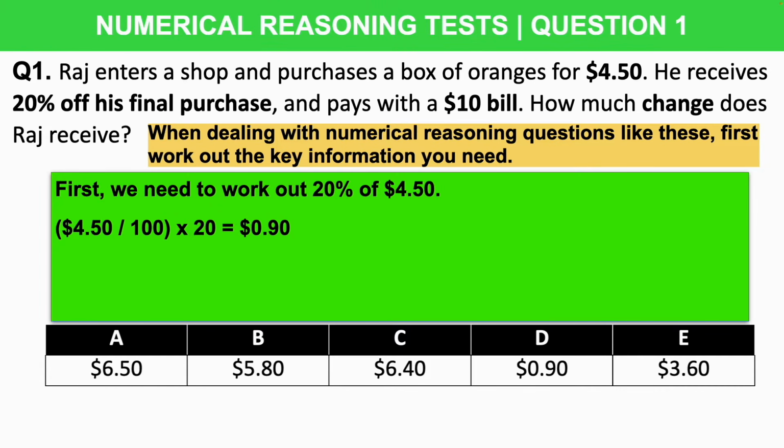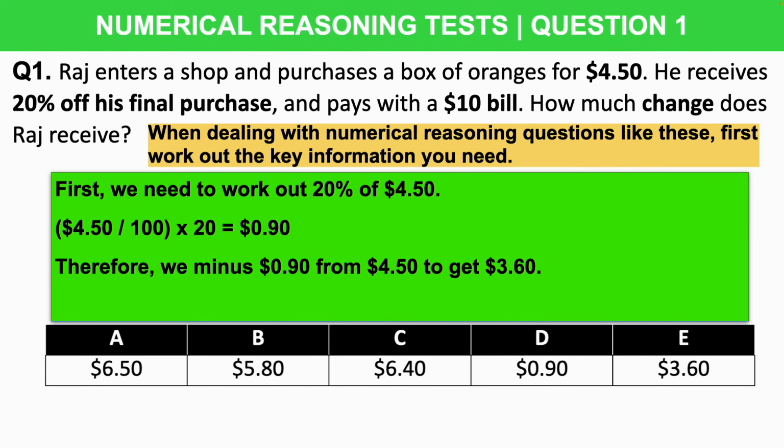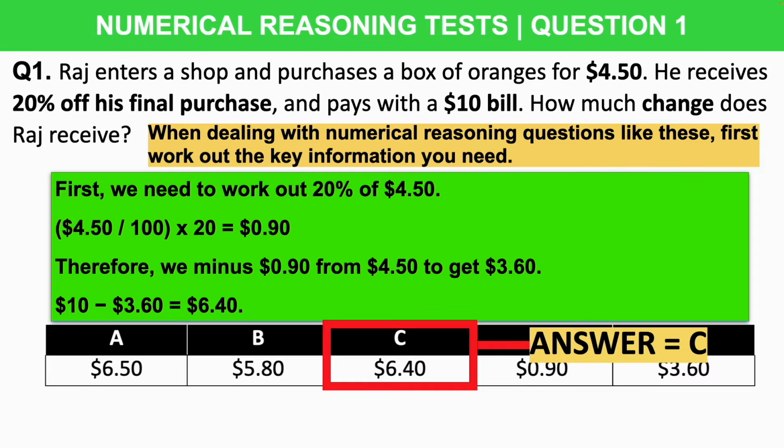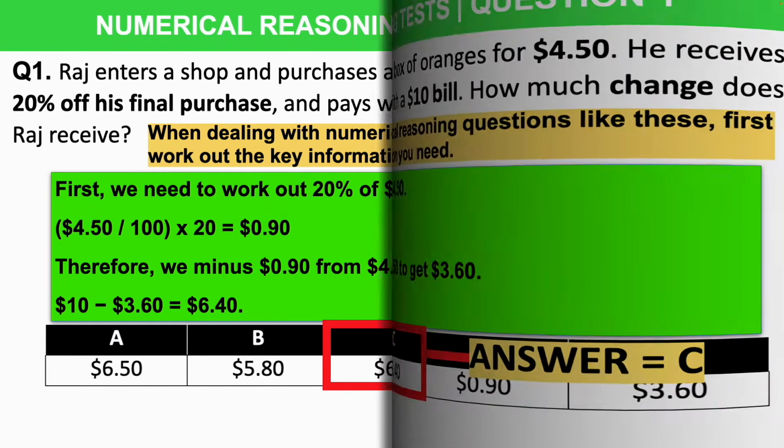Therefore, we minus 90 cents from $4.50 and we get $3.60. To finish the calculation and work out how much change Raj would receive, we minus $3.60 from the original $10 that Raj paid with, and that will give us a total of $6.40, which means the correct answer is answer option number C.